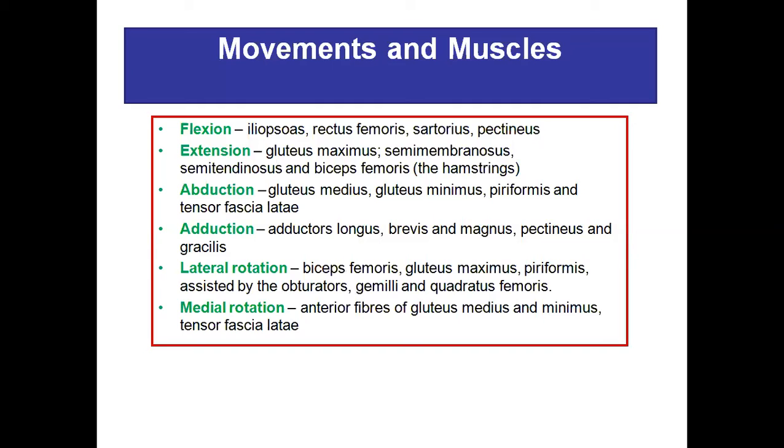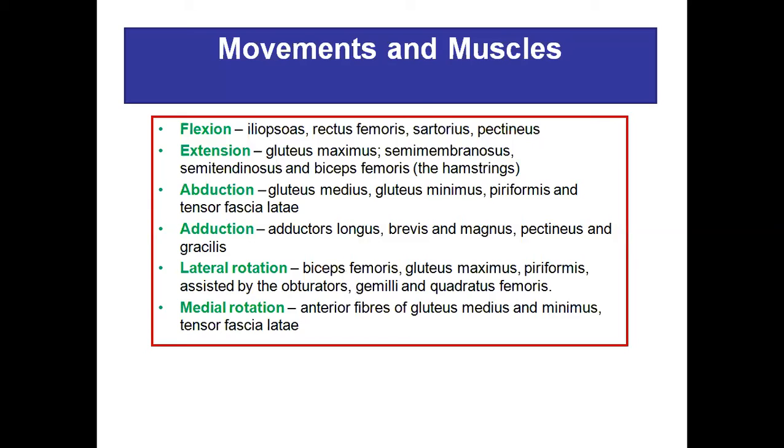The abduction of the hip joint is done by the gluteus medius, minimus and the tensor fasciae latae, in addition to the piriformis muscle. Adduction is by the adductor group: adductor longus, brevis, and adductor magnus, with gracilis, pectineus, and the obturator externus muscle.